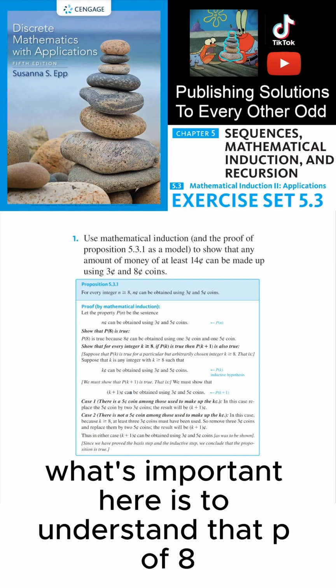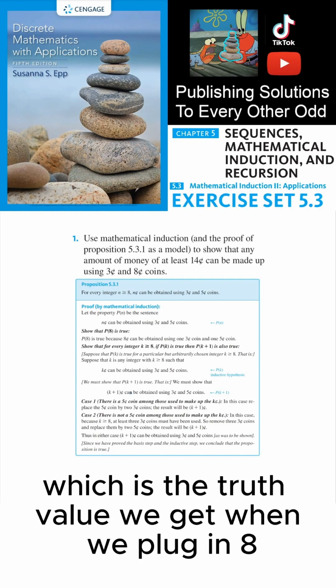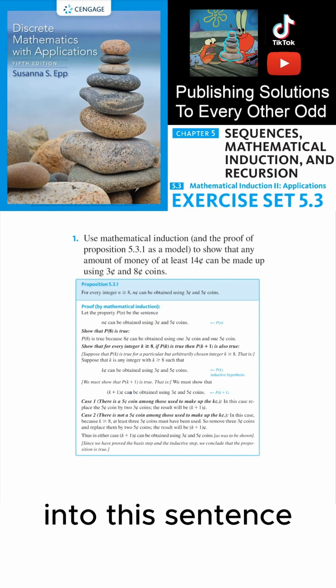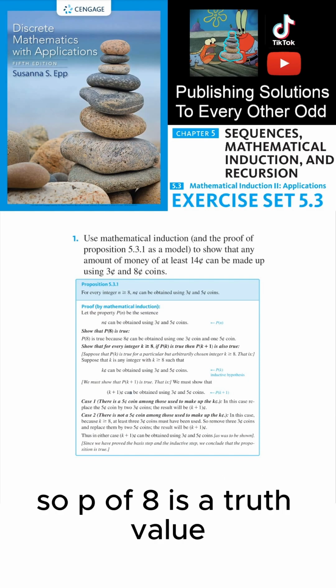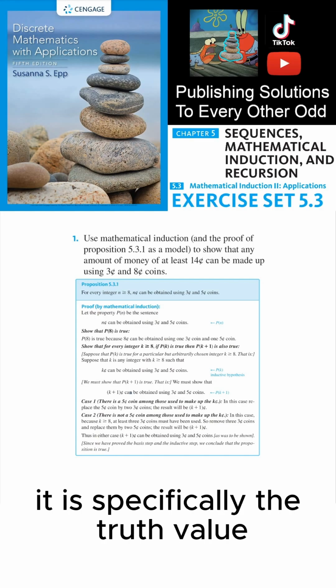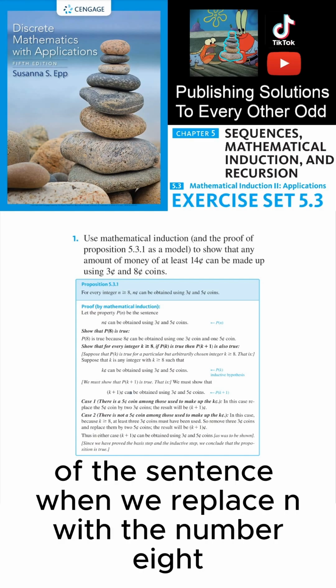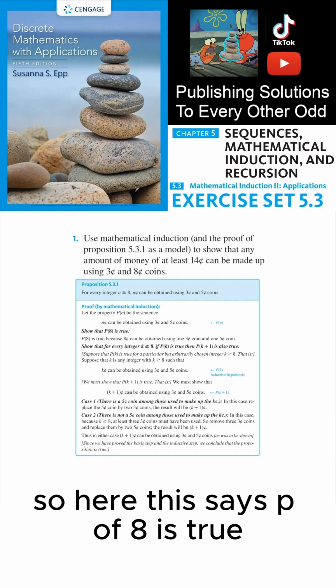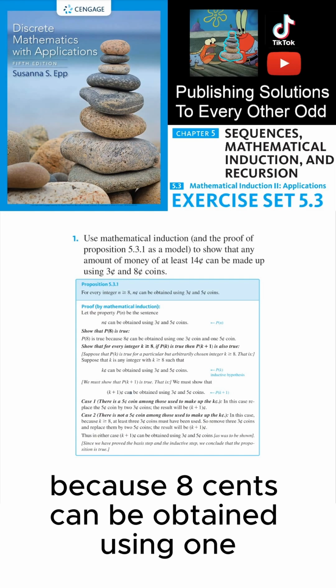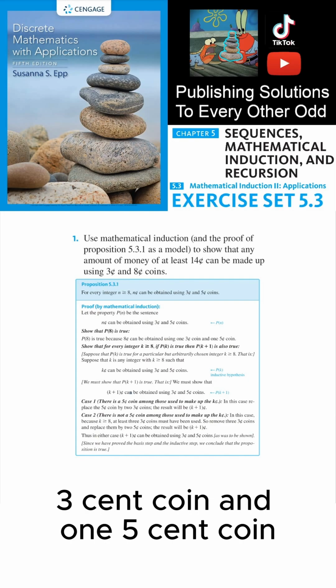What's important here is to understand that P of 8 is the truth value we get when we plug in 8 into this sentence. So P of 8 is a truth value. It is specifically the truth value of the sentence when we replace n with the number 8. So here this says P of 8 is true because 8 cents can be obtained using one 3-cent coin and one 5-cent coin.